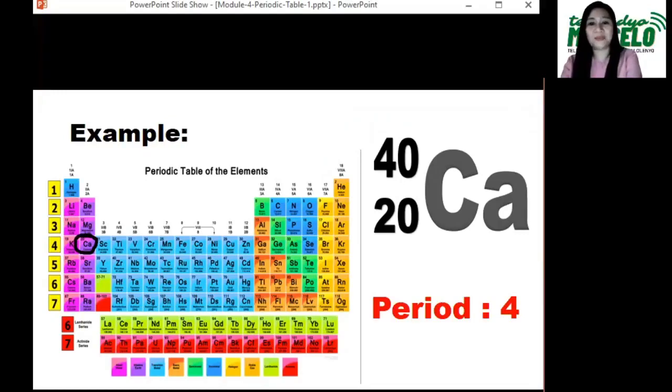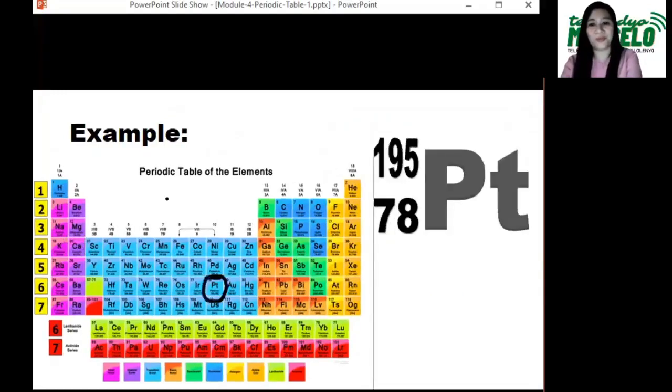Next example, we have Pt or platinum with an atomic number of 78 and an atomic mass of 195. The element platinum belongs to what period? Correct. It belongs to period 6.